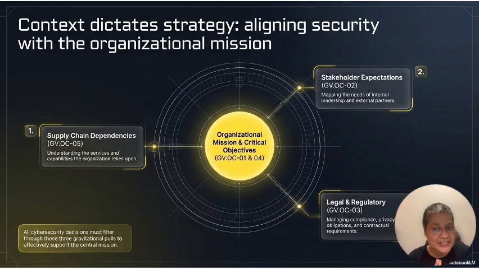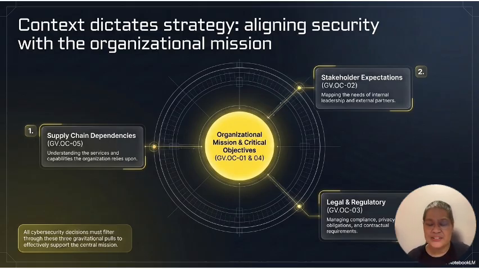For every cybersecurity decision, there are three gravitational pulls to support the organizational mission. First, supply chain, right? You want to understand the services and capabilities of the organization. What does it do? What does the organization need, right? What kind of tools, what kind of third-party organizations are supplying? So, what external capabilities does the organization rely on?